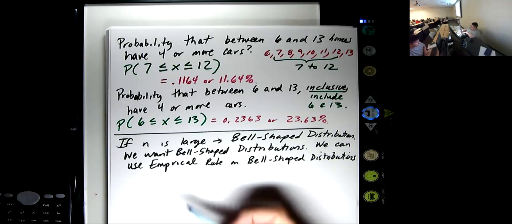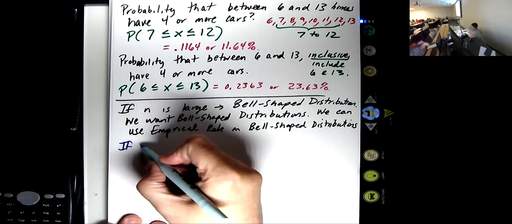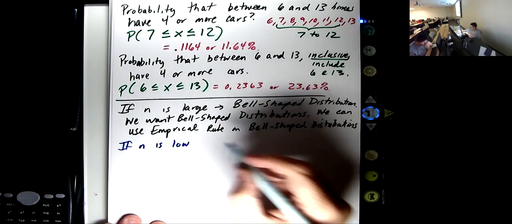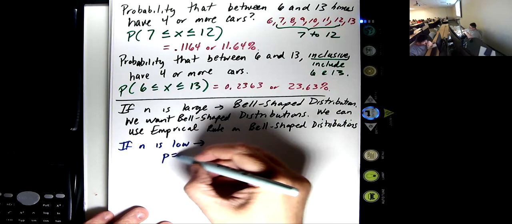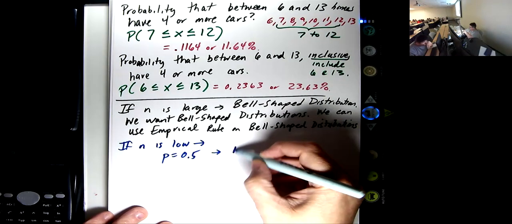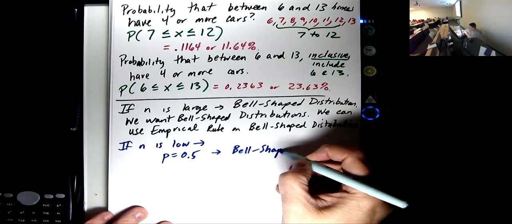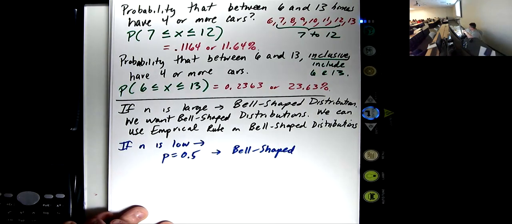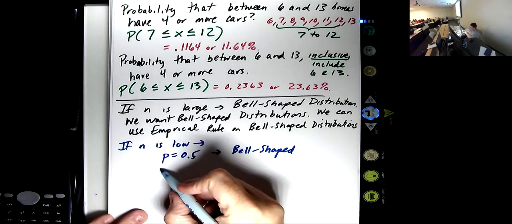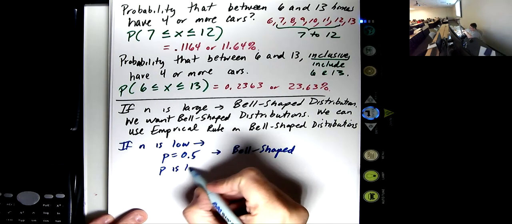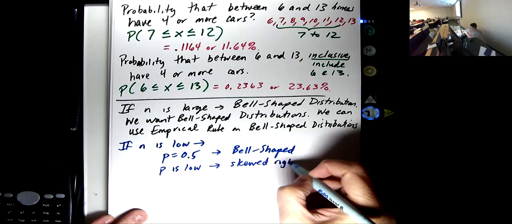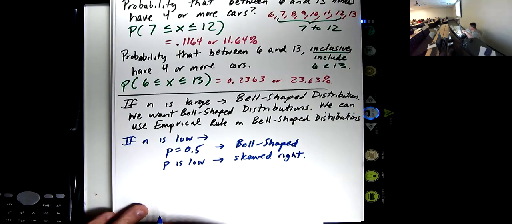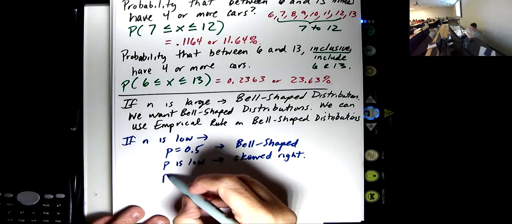If n is low, well, this had some stuff going on. We saw that when P equals 0.5, it was still bell-shaped. So that was good. But when P was low, this was skewed right. What happens if P is high?